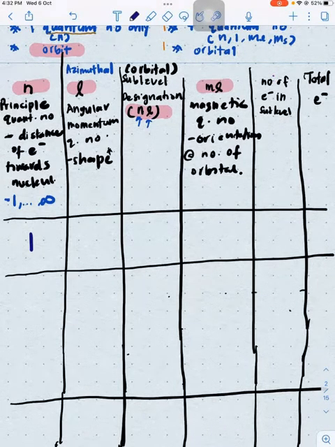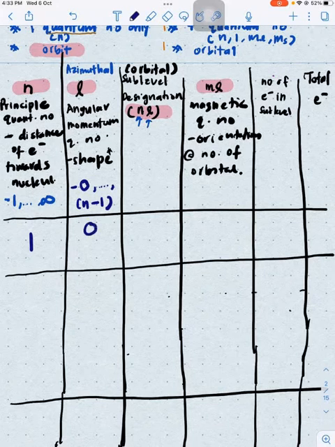So value of L ni, this is another thing yang you all kena ingat. Nilai L ni, dia akan sentiasa bergantung kepada N. Okay. Yang mana nilai L ni is always starts from 0. Sentiasa bermula dengan kosong. Sehingga until N minus 1. Sehingga N tolak 1. So maksudnya dalam kes ni, when N is equals to 1, then one of the L value will be 0. Sebab memang L bermula dengan kosong.